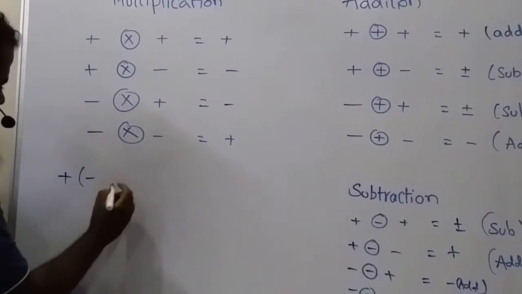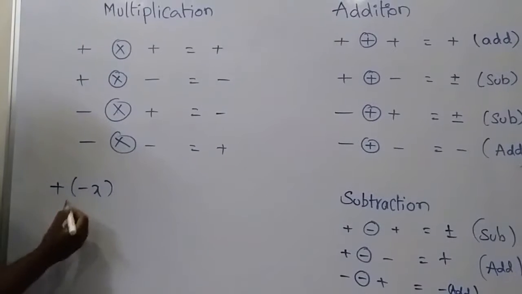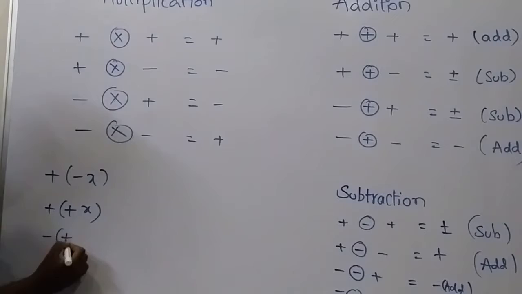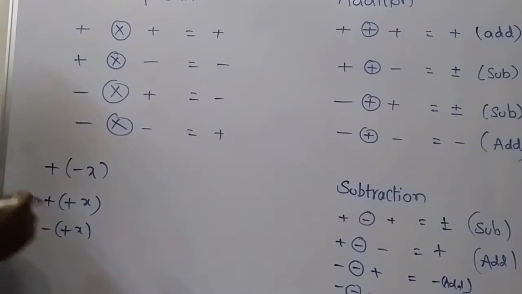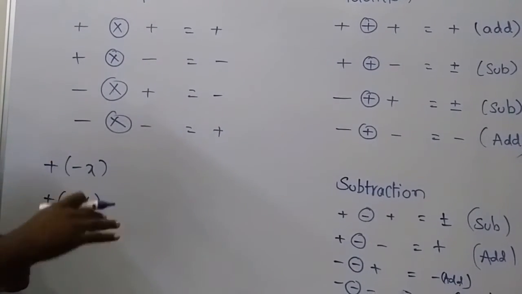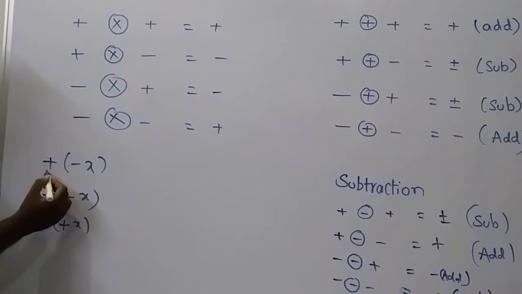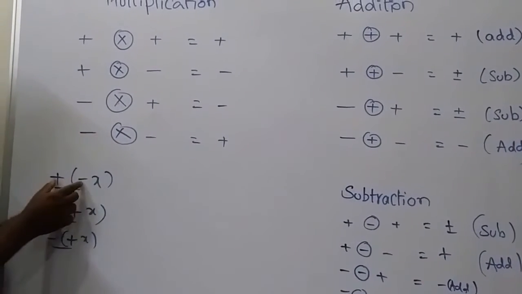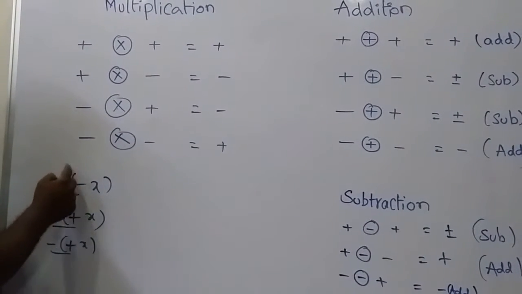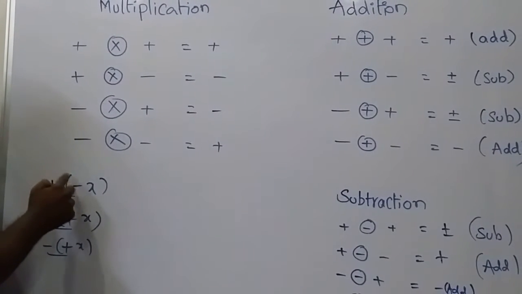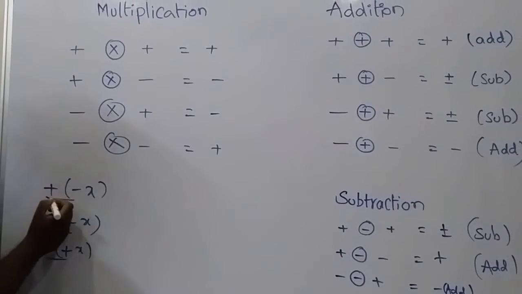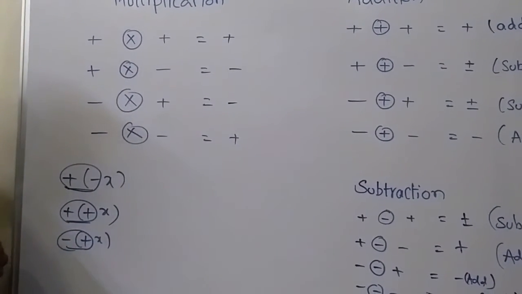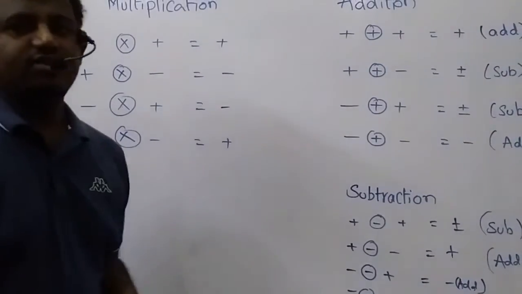In the middle of a problem simplification you may get this kind of step, and people get confused there. If two signs are there without a number in between them, like brackets but not numbers, then what sign do we have to take in place of these two signs? People are having confusion, so we will clarify that.